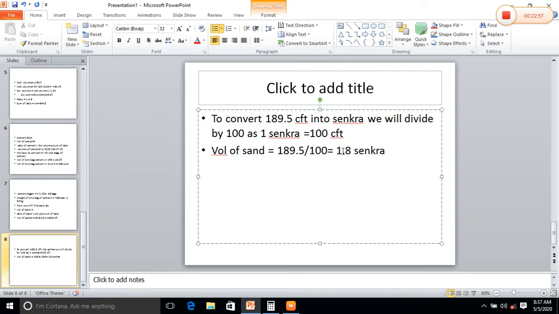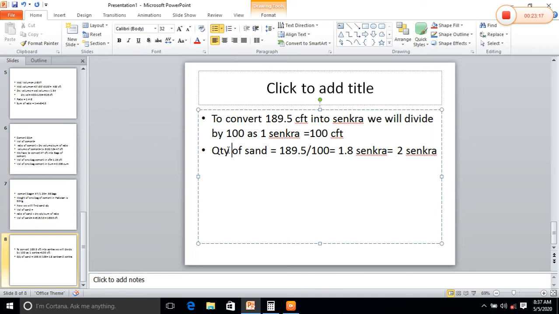Okay, so we will take 2 sekla. Okay, this was the quantity of sand, the quantity of sand in sekla.